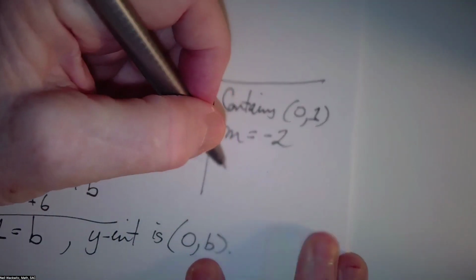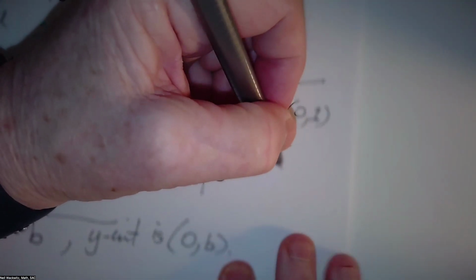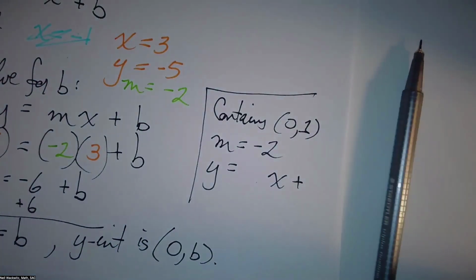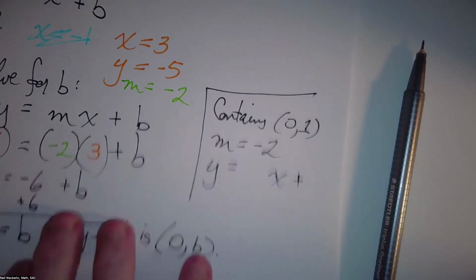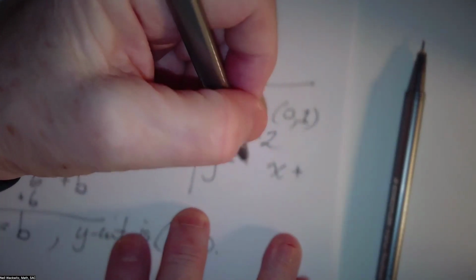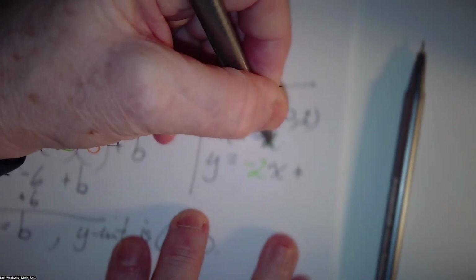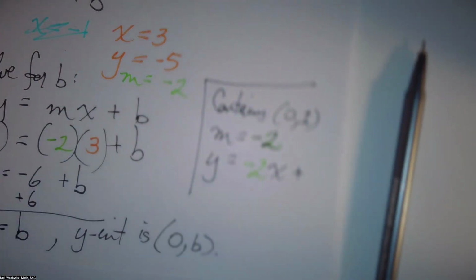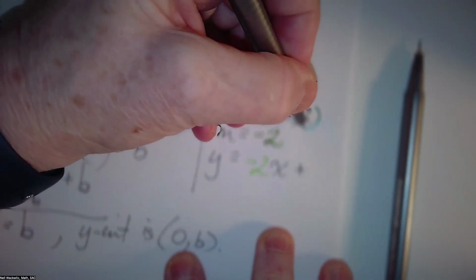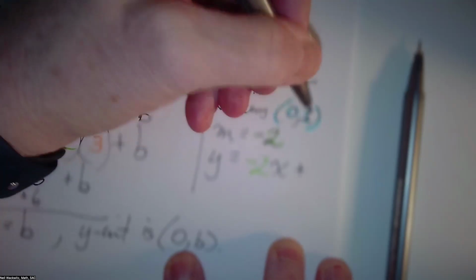So now we just write y equals mx plus b. So we found the slope was -2, and that's it. This is the y-intercept.